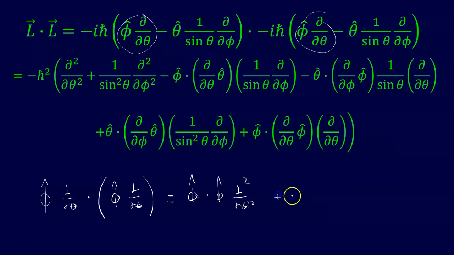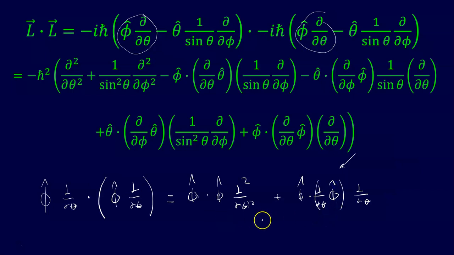Then I'd have something like this: I took the derivative of the second part, so now I'd have phi hat dotted with d/dθ of phi hat, times an extra factor of d/dθ.